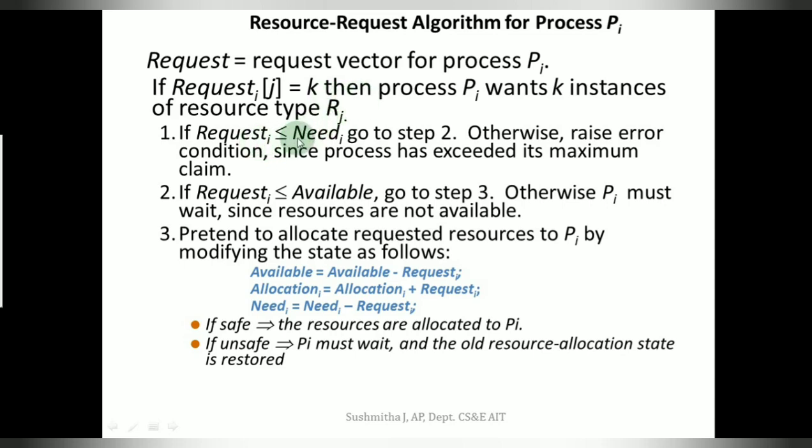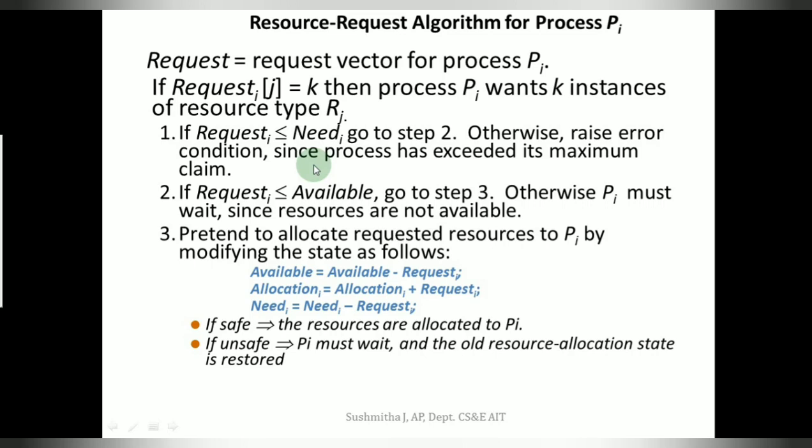Now what is the first step? We check if the request is less than the need. If so, we go to step 2. Now what if the request is greater than the need? Then the process is exceeding the maximum claim. What do I mean by the maximum claim?